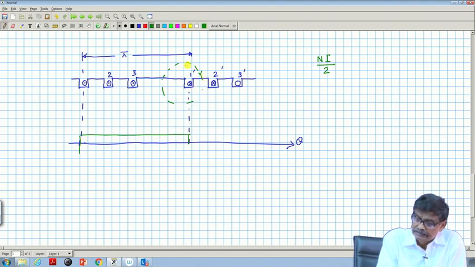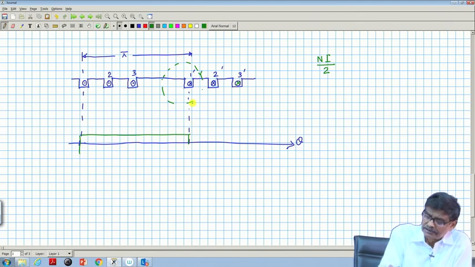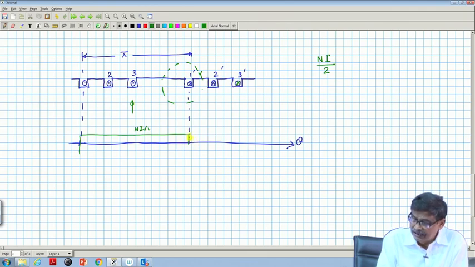Forget about 2 and 3, the other coils, suppose they are not there. So, it will be Ni by 2, and why have I assigned a positive sign? Because this is cross, this is dot, lines of force will be in the vertical direction, so assign a positive sign. So, it will be Ni by 2, and then in this upper part, what will happen? Minus Ni by 2.